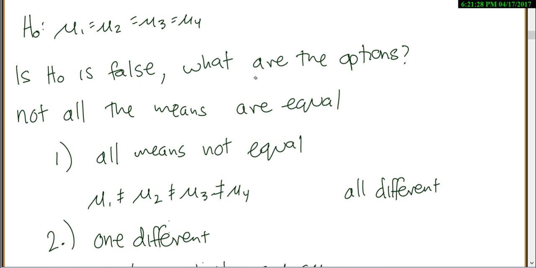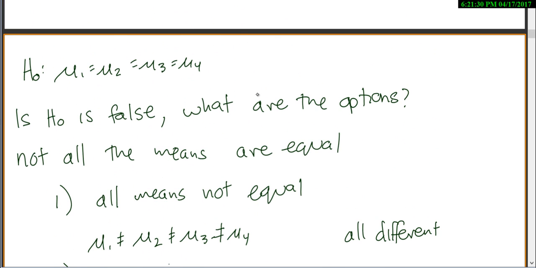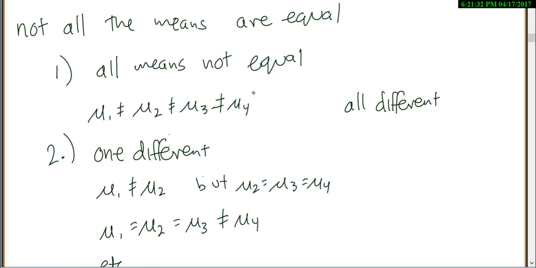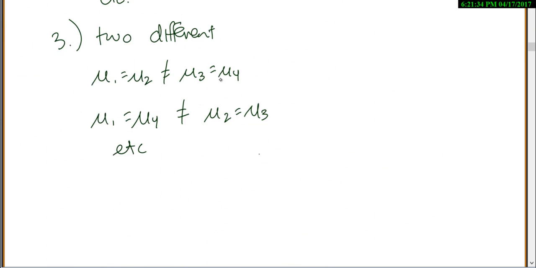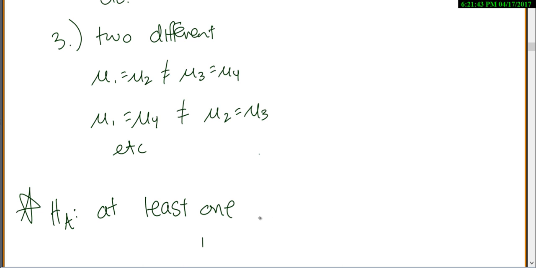But no matter which one you choose, the null hypothesis that they're all equal would be false. What I need you guys to remember is that the alternative is that at least one mean is different from the others.